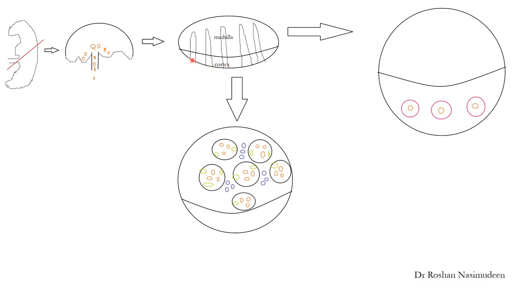And this coelomic epithelium will grow into the mesenchyme of the genital ridge as cords, and this is what we call the sex cords, and this is the origin of the sex cord tumors.